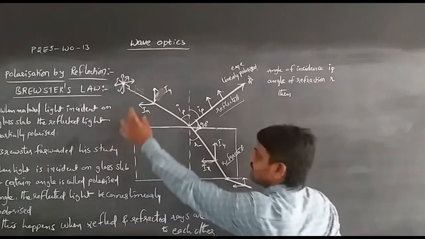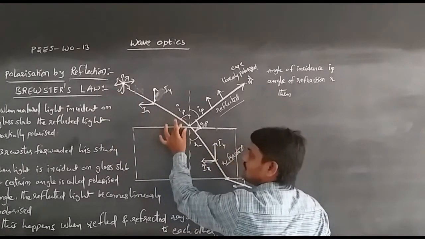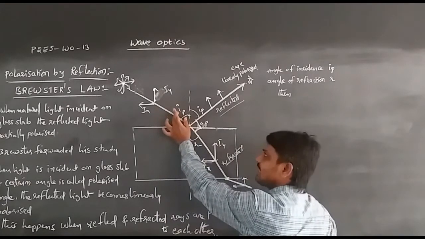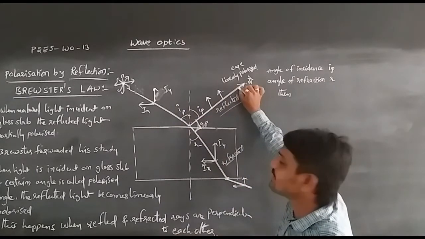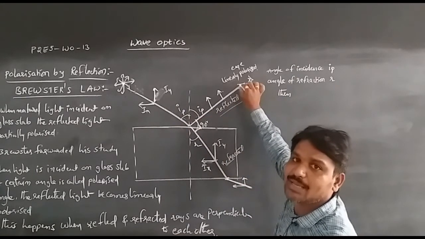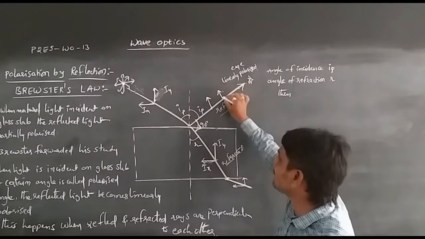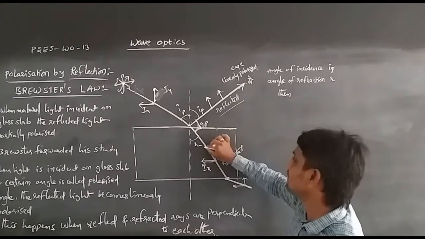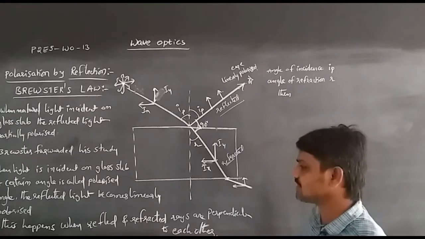When unpolarized light is incident on a glass slab at the polarizing angle, the reflected light is linearly polarized, and the angle between the reflected and refracted light is 90 degrees.